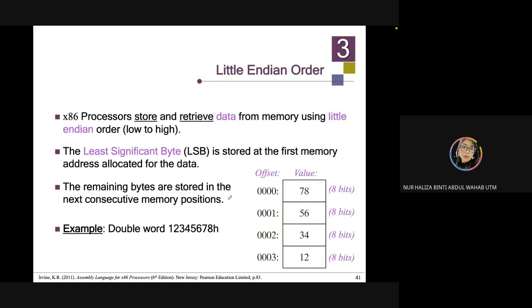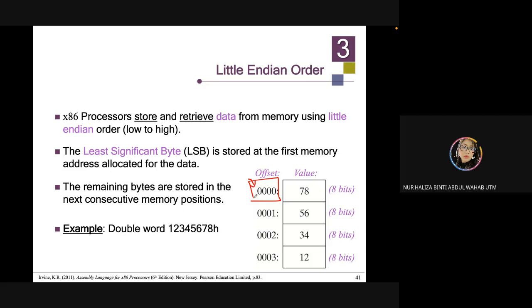Okay, these are the things that you need to learn on little endian order. Where you will put things and so on. So we normally start with the offset of 000. We start our address from 00. Sometimes in your question, they will inform you what the starting address is.